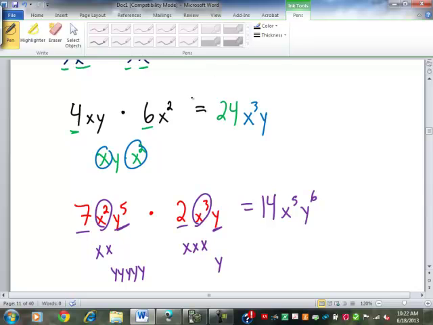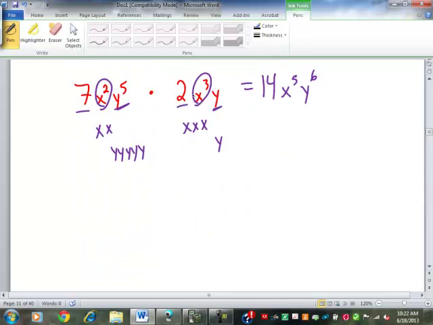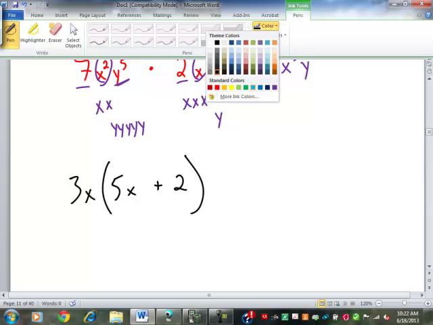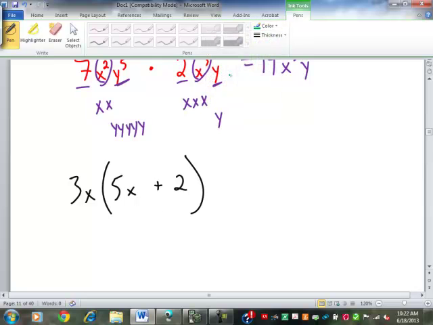Well, let's take this a step further. What if we had something like this? Well, again, we see that parentheses, and as always, it should scream at us, do something here first. But when we look inside that parentheses, there's nothing we can do. 5x and 2 cannot be combined because they have different names.